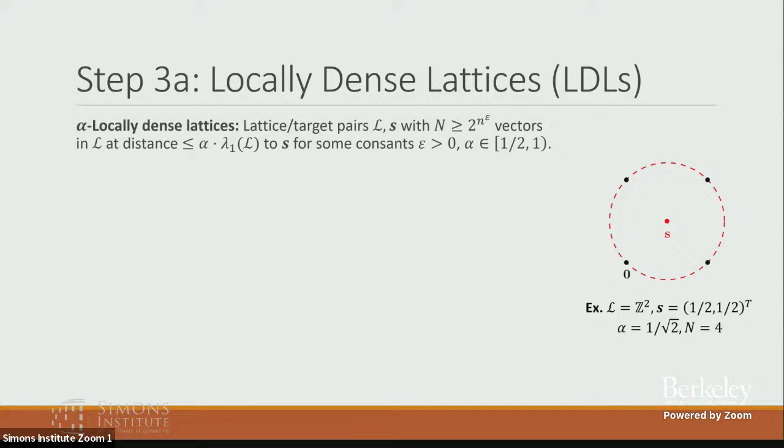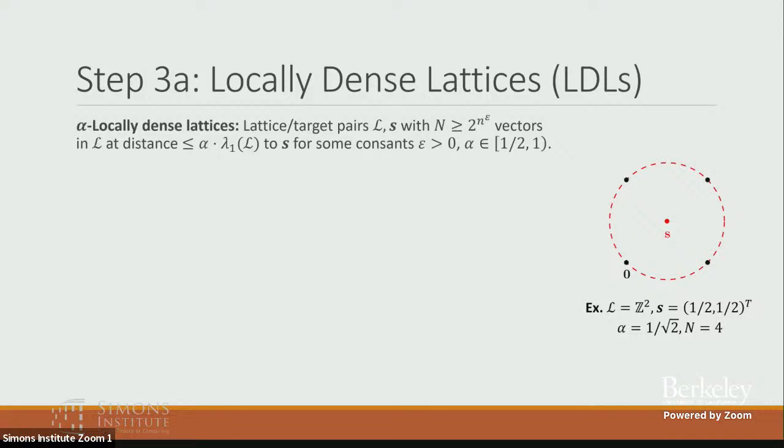Intuitively, it's a lattice and a target pair such that there are no short non-zero vectors in the lattice, and a whole bunch of close vectors, where by close I mean at distance alpha times lambda 1 to the target, for some constant alpha between a half and strictly less than 1.